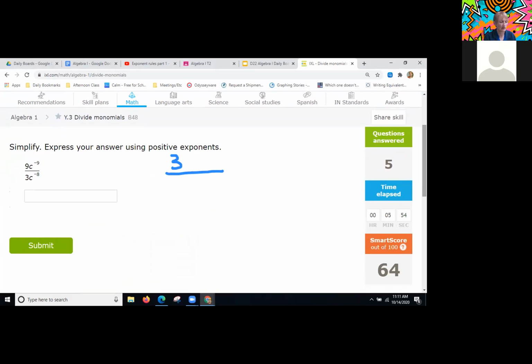And then that c to the 9, he's not happy there. Those c's are going to come down to the bottom to become positive 9. But the c's in the bottom, they're not happy there. They're going to come to the top to become positive 8. Then where's there the most? Now that they're positive, in the bottom by 1. So this would just be 3 over c.